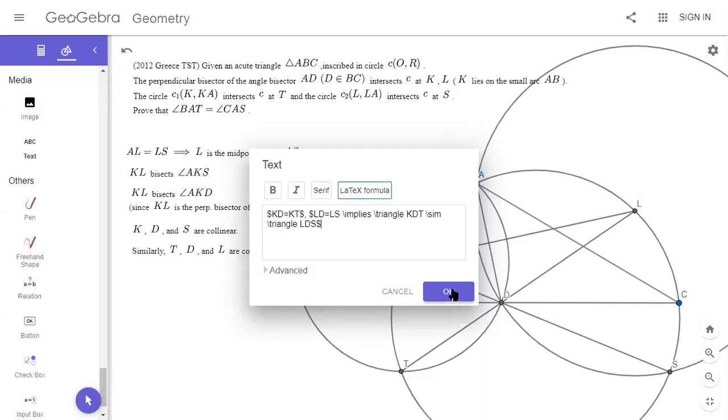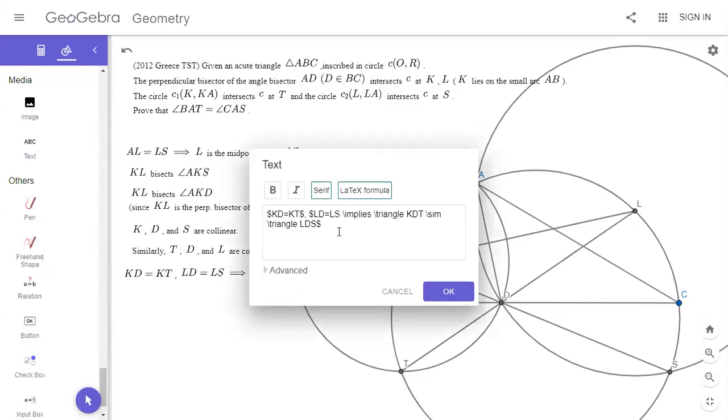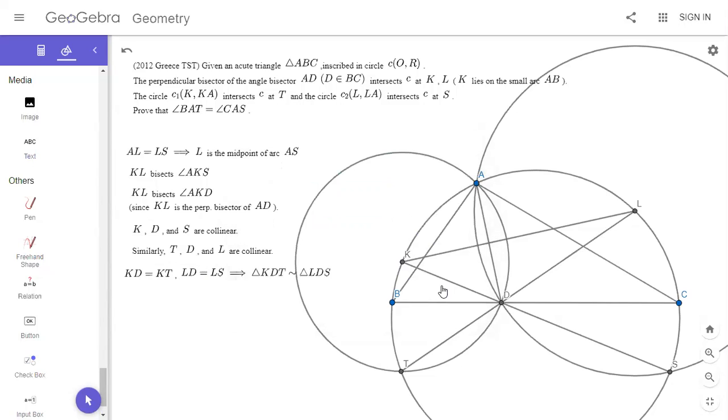So those two triangles, they're both isosceles, and they both share an angle, so they have to be similar.